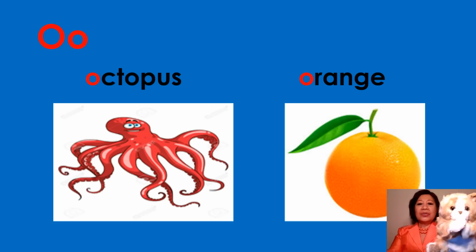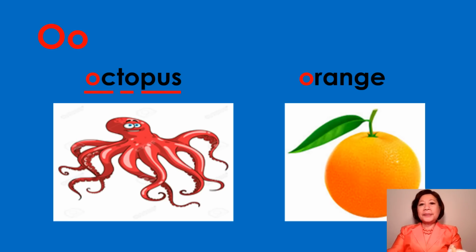O. O says O as in octopus. An octopus has 8 arms and a bulbous head. O. O says O as in orange. An orange is a sweet fruit from an orange tree.